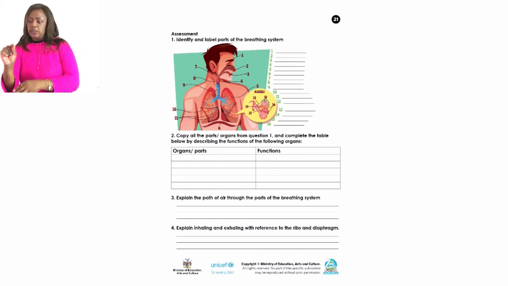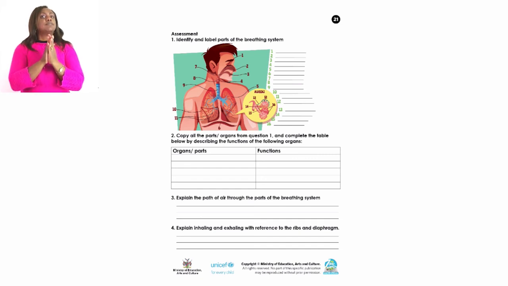You don't have to put all. Looking at the table, it doesn't have up to number 16, but you're only going to look at the basic ones that you have looked at, the functions that you have previously discussed, which are the nasal cavity, voice box, windpipe, ribs, and the diaphragm. You don't have to give the functions that we haven't looked at today. You only give the functions that we have learned today.